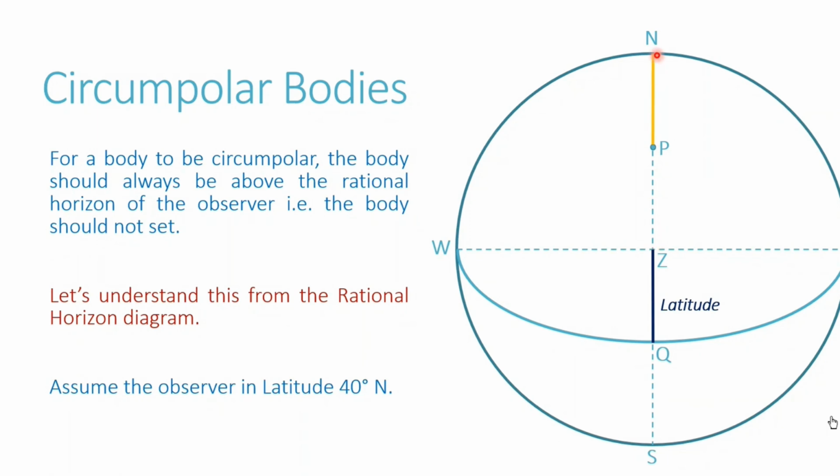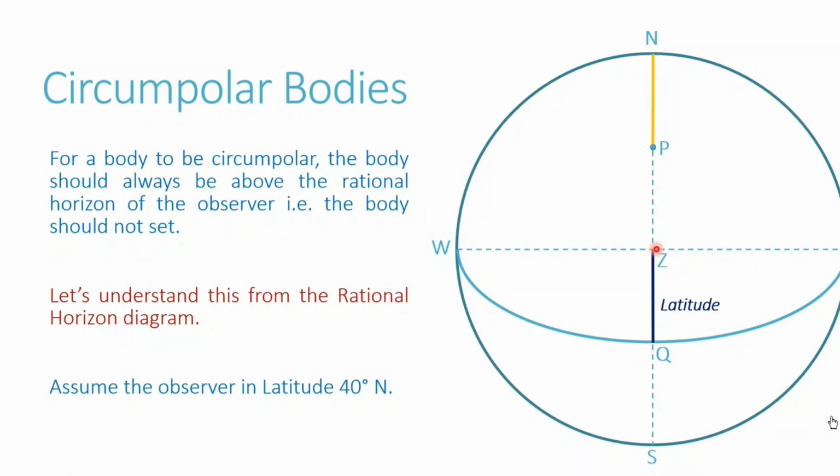Now, the N point is 90 degrees away from the Z point, from the zenith, because every point on the rational horizon is 90 degrees away from the zenith of the observer. Similarly, the P point, which represents the pole, is 90 degrees away from the Q point, which is the equinoctial. So P to Q is 90 degrees, that is pole to equinoctial.